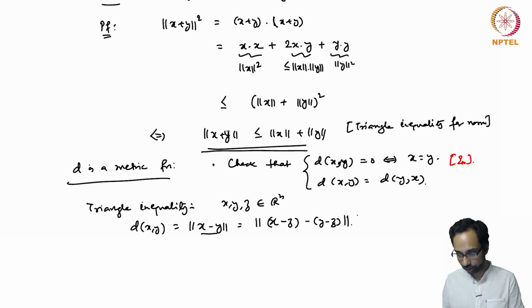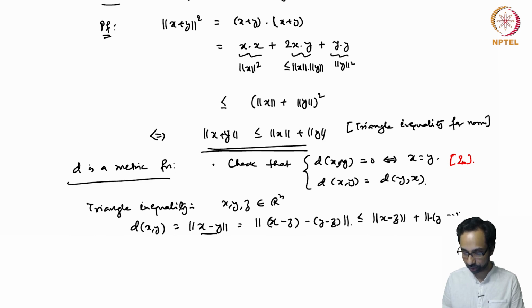Using the triangle inequality for the norm gives us norm of x - z plus norm of -(y - z). But the norm of -s is equal to the norm of s for any vector s in Rn, so we can use that.